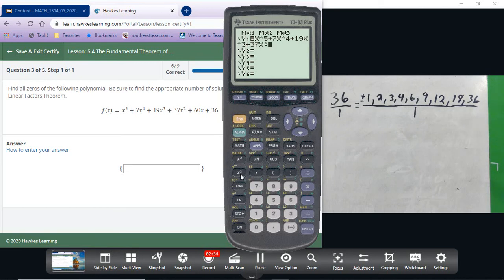We can just do the squared button here, and then plus 60x, and then plus 36.